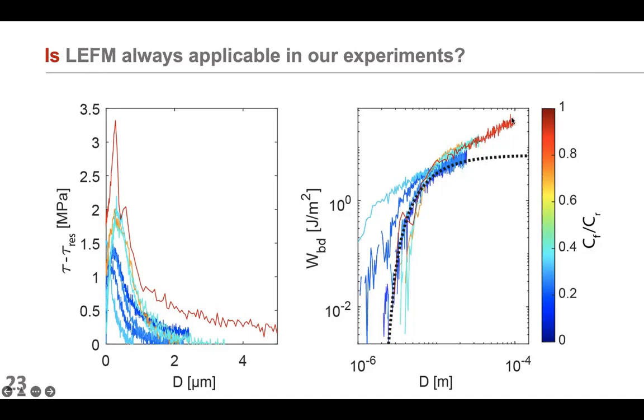And as you can see, this is not the case. So the LEFM prediction is not working for each experiment. And in some cases, particularly true for the events that propagate at the faster rupture speed, we have a secondary increase of breakdown work with cumulative slip.